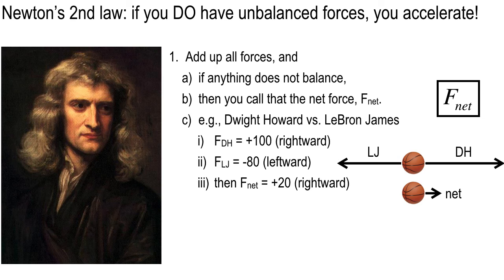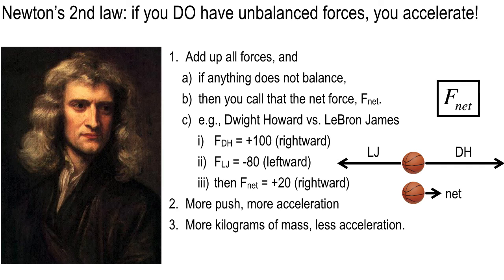Now, another thing that Sir Isaac Newton said was, if you have more push, in other words, a bigger net force, you'll get more acceleration. And he said, if you have more mass, though, you'll have less acceleration. The simplest way of putting that into an equation is to say the acceleration is a quotient.